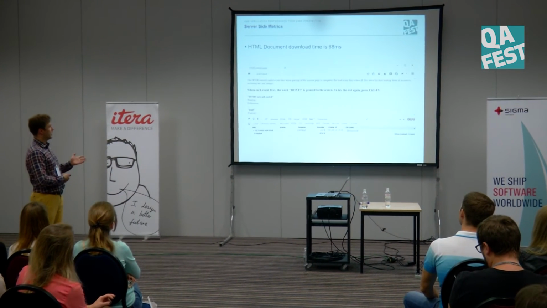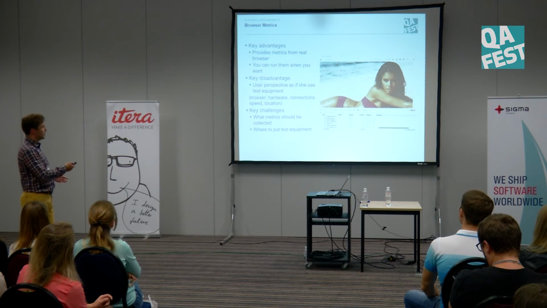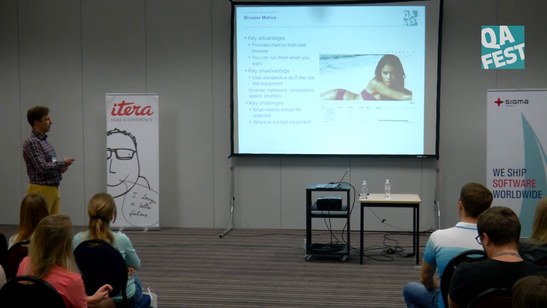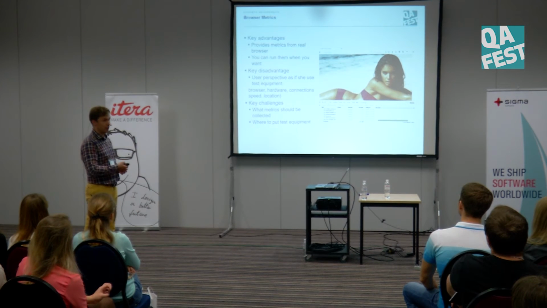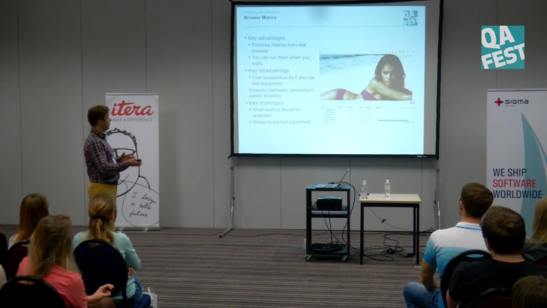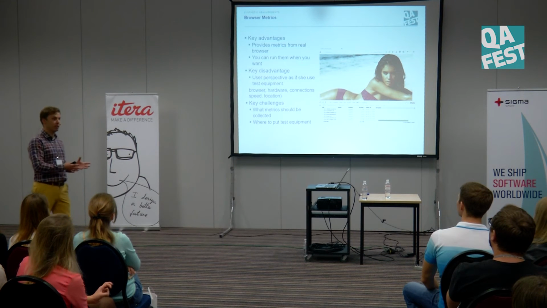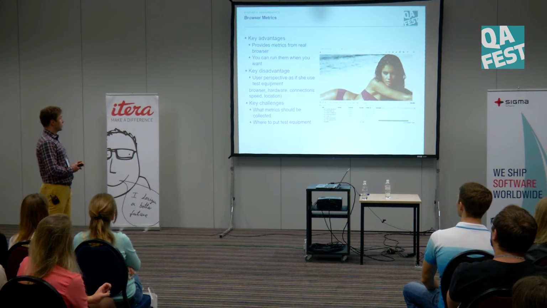Okay? Because this is the same page, but it looks completely different. And you can see that the browser downloads additional resources, and finally it also downloads the image, and it took approximately 7.5 seconds to display the page. So this is a huge difference between 68 milliseconds and more than 7 seconds.